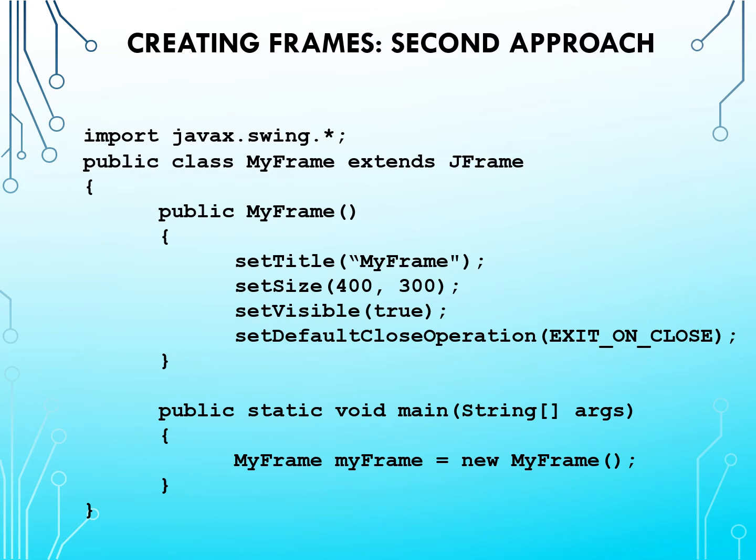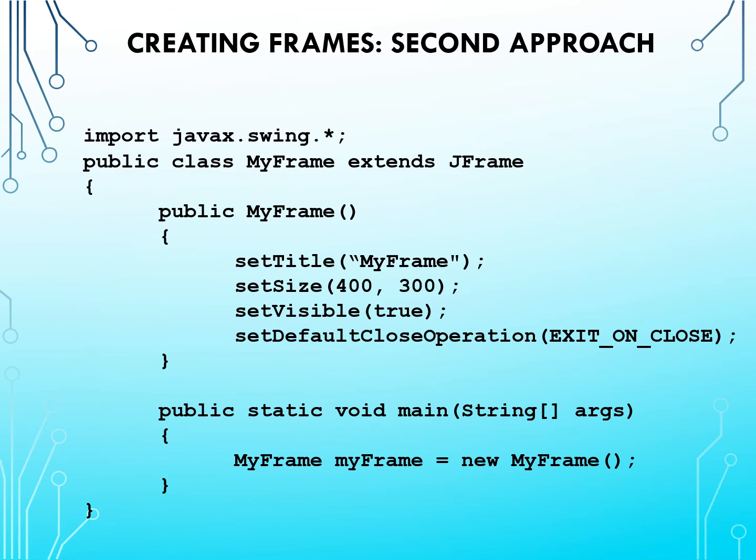In here you create a constructor. It's actually the same code but a different way of coding it. So this one you extend JFrame. The one before, you create an object of JFrame inside the main method.